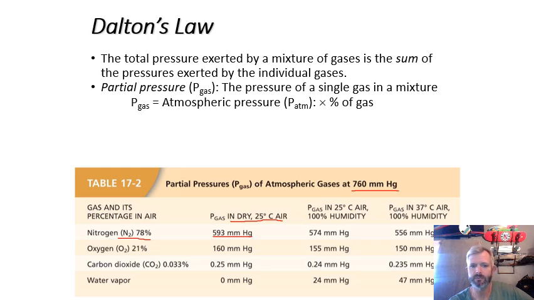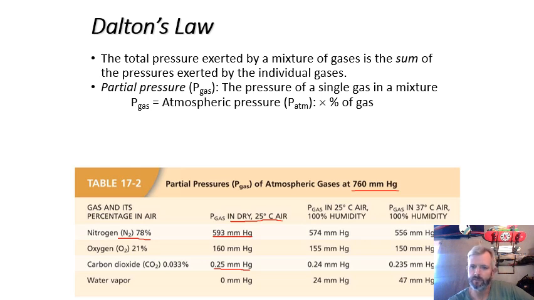Okay, and you'll see the partial pressures, PO2, PN2, depending on the gas, will be there. You can see carbon dioxide has a very small partial pressure there.